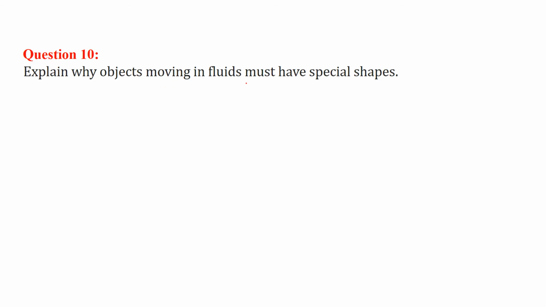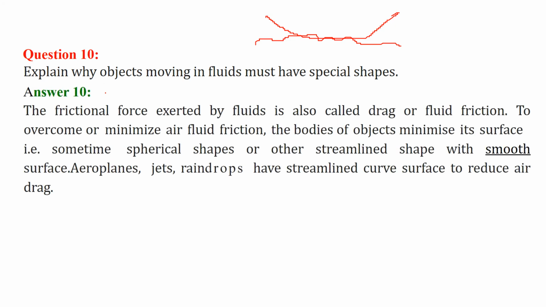Explain why objects moving in fluids must have special shapes. See, you might have seen boats. These are of this shape so they don't touch totally. The friction force exerted by a fluid is called drag or fluid friction. So in order to minimize fluid friction, the bodies of objects minimize their surface. You might have seen the water droplet.